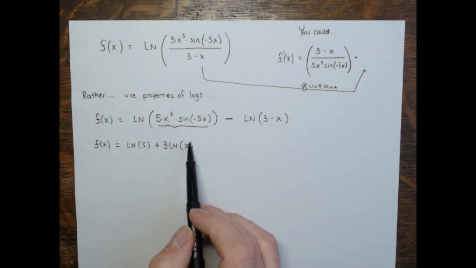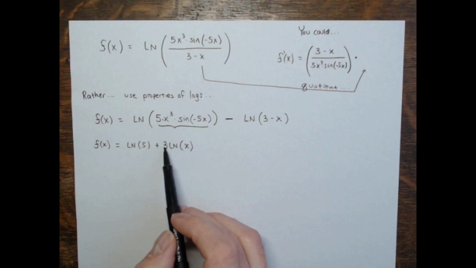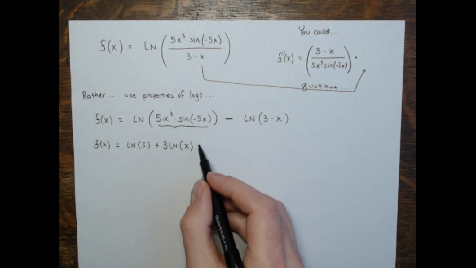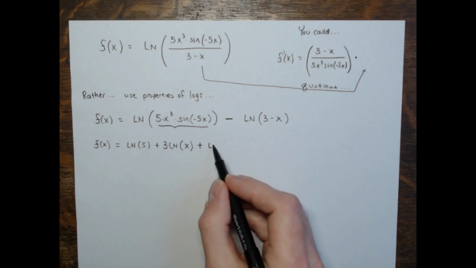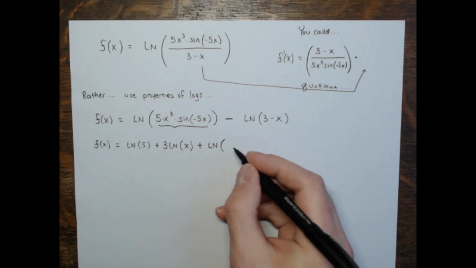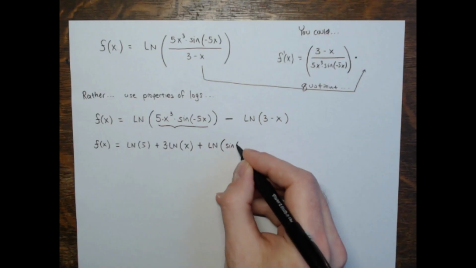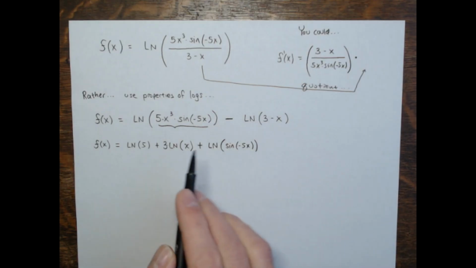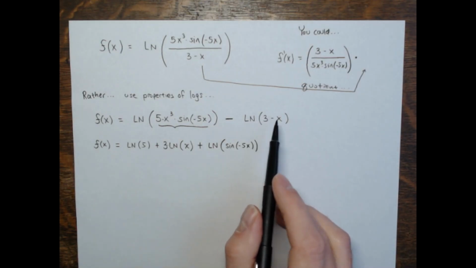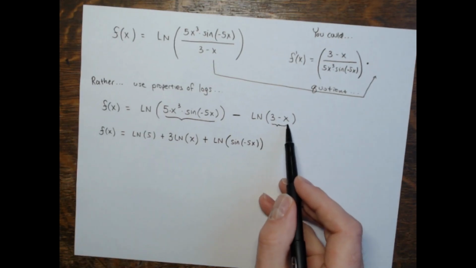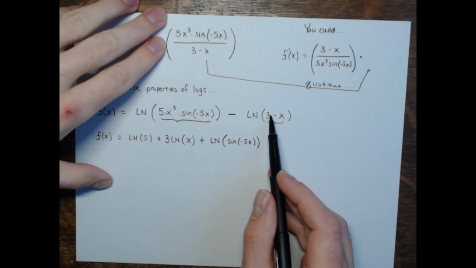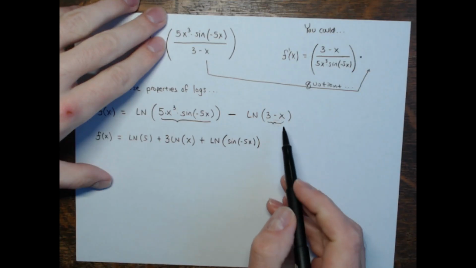Or if I had x cubed in here, x to the third, you can apply the power property of logs and pull the power out front. And then finally, there's one more factor in here, plus the natural log of this sine of negative 5x. Okay, and then this last part, this last logarithm here, 3 minus x, that's not a product, it's not a fraction, it's not all raised to some power other than 1.